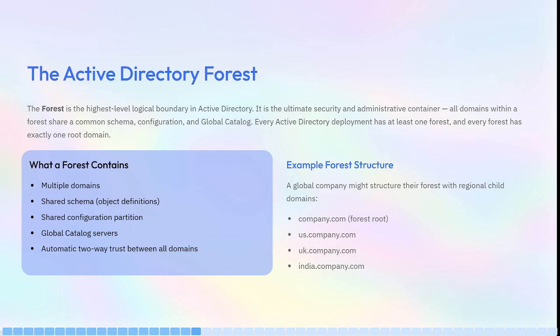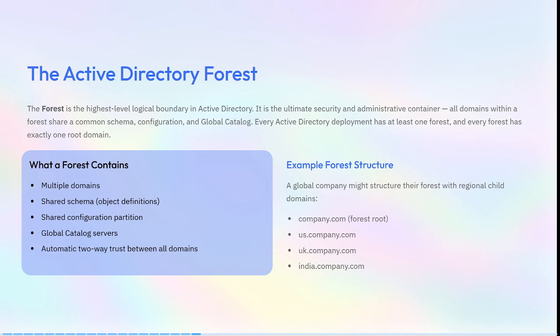For example, if you have only one domain controller and you are using only company.com, that is the forest. This is the forest root. This is the forest, this is the domain controller.